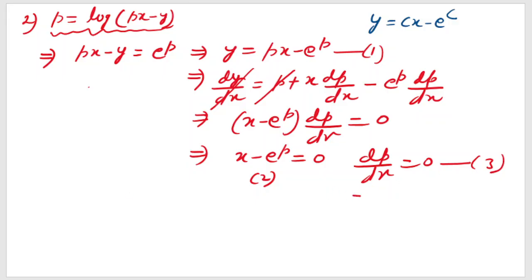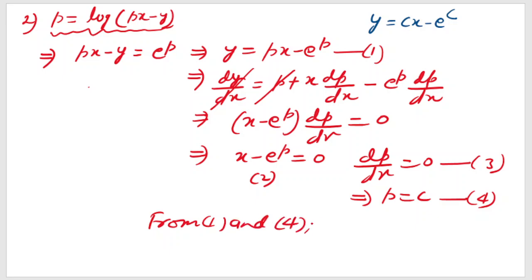So if I solve this, I get p is equal to c, and I call it equation number 4. So from 1 and 4 we have the general solution. We have y is equal to cx minus e to the power c, because I have eliminated p from this. But I want to get the singular solution as well.